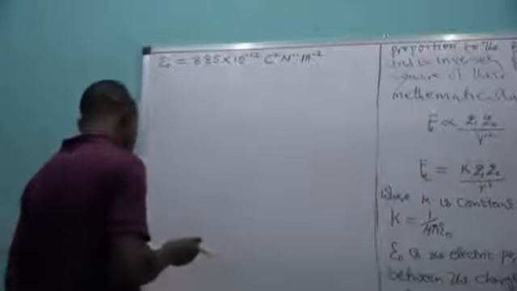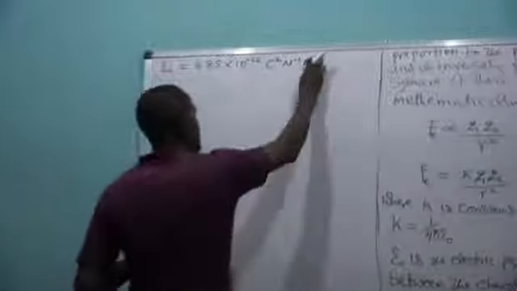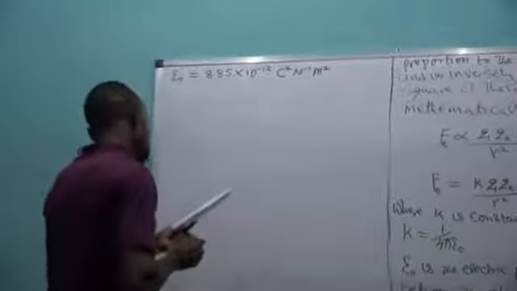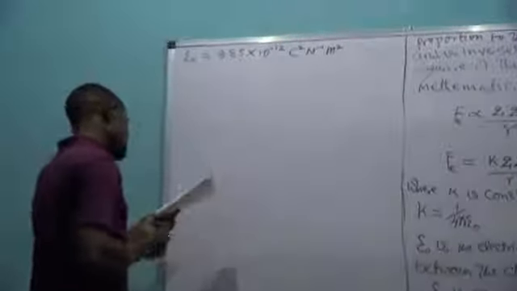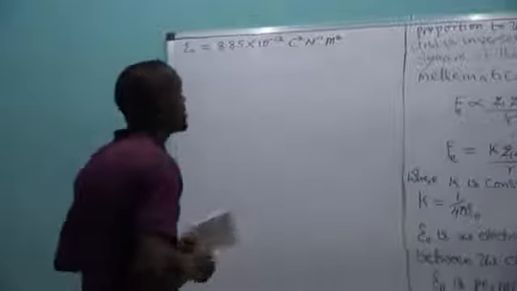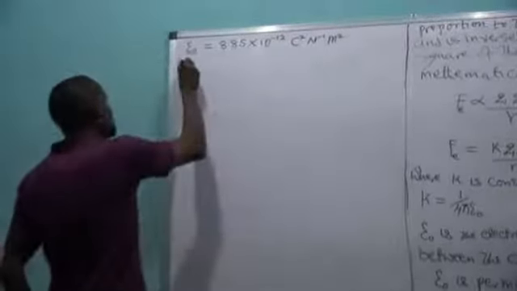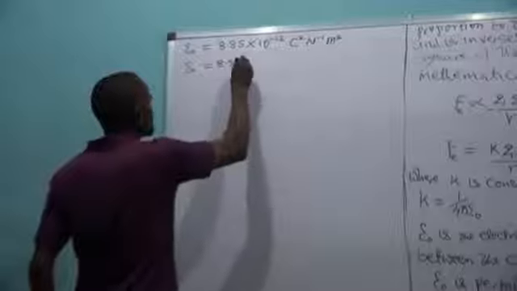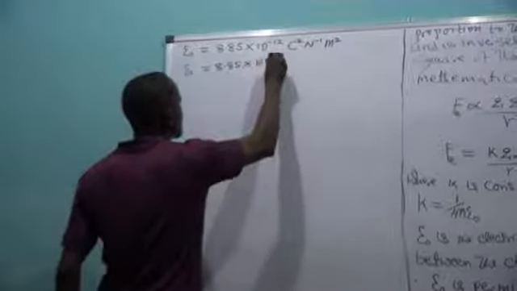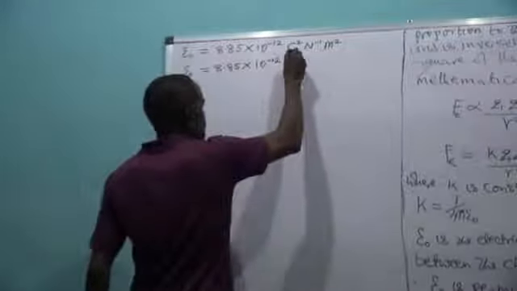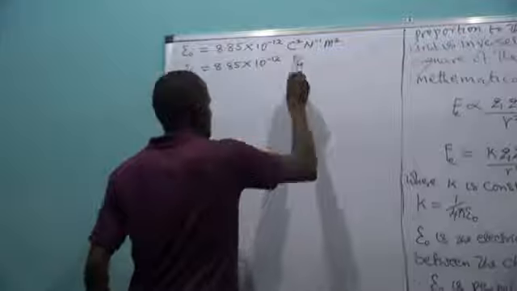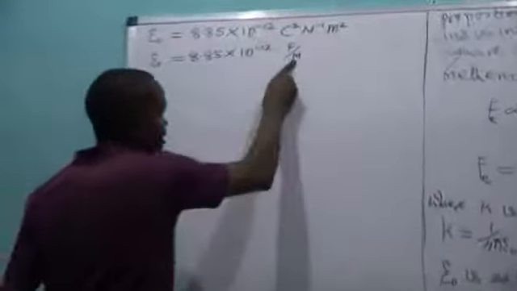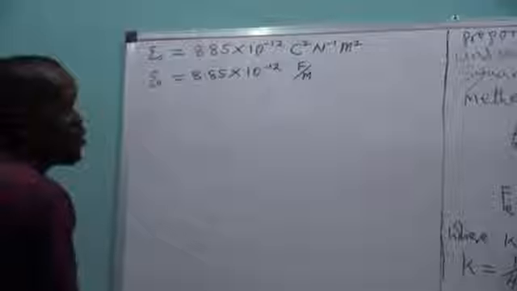Or we say this is equal to 8.85 times 10 raised to the power minus 12 farad per meter. This farad per meter is the unit of epsilon O.